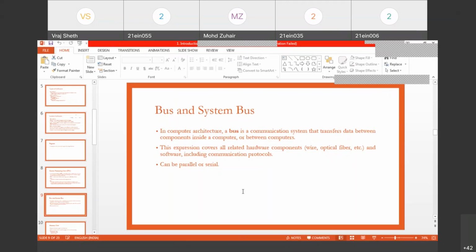That can be parallel, the connection can be parallel or serial. Parallel connection is basically the wiring connection that we do in electricity wiring in our houses. From the central point, we have parallel connections for fan, for light, etc.